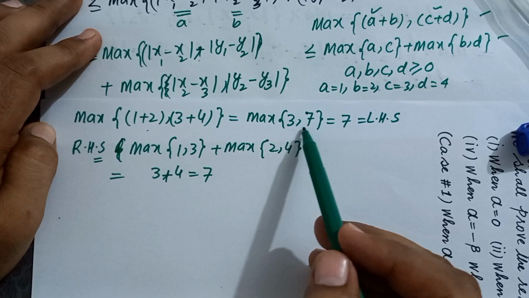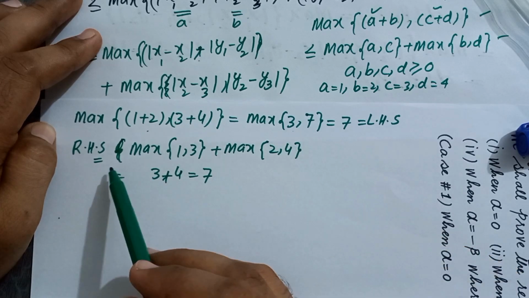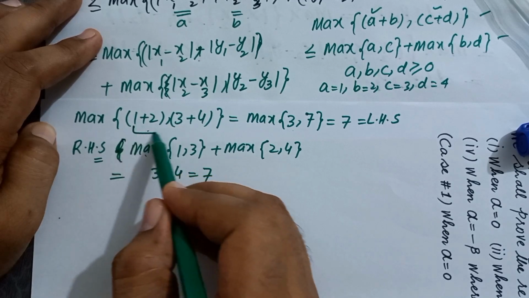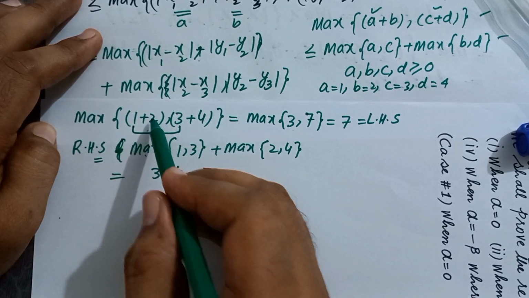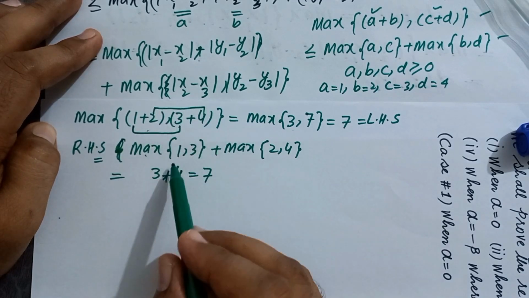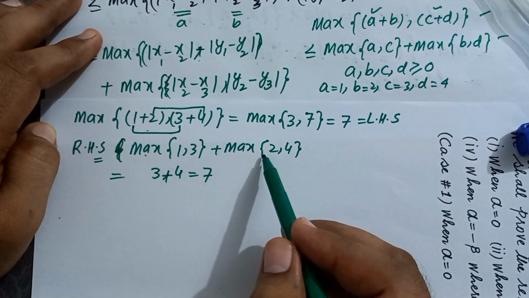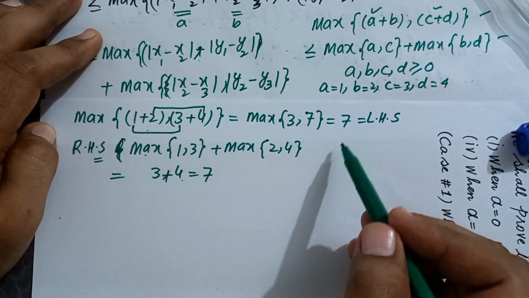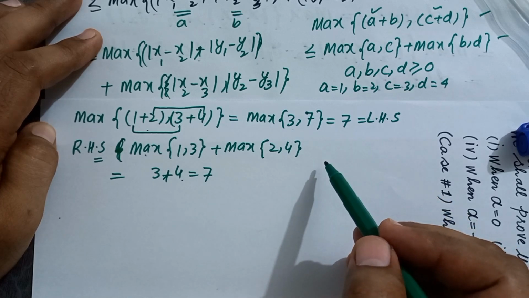The maximum of 3 and 7 is 7. This is the left hand side. On the right hand side, the maximum of 1 and 3 is 3, and the maximum of 2 and 4 is 4. The sum is again 7. So in this case, left hand side equals right hand side.